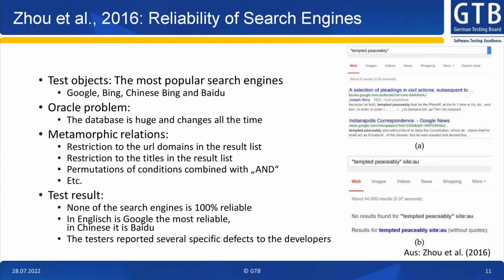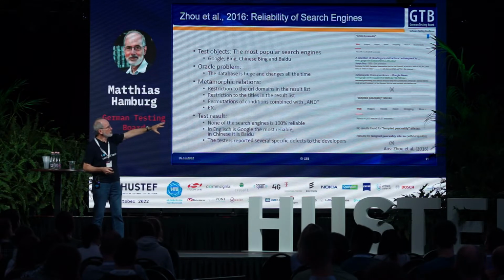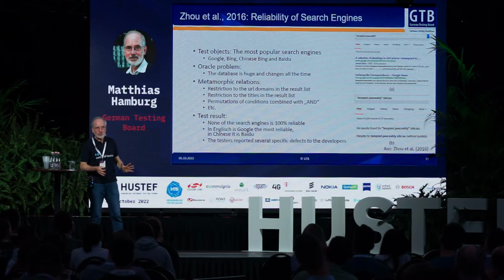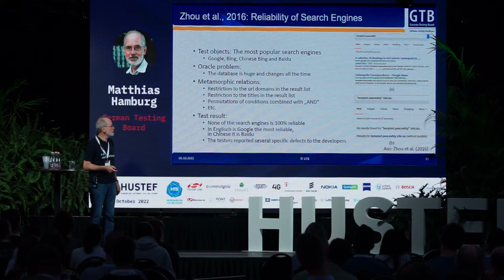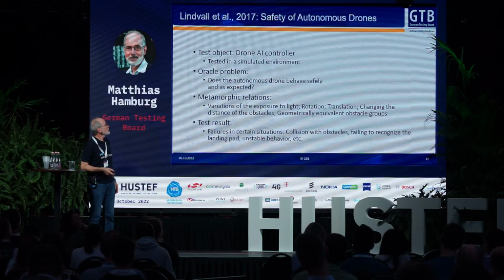Of course, as you would think, in English, Google is more reliable than Baidu, and in Chinese, Baidu is more reliable than Google. And you can find metamorphic relations like running a query, then filtering or restricting the query to some property of some top results, like the URL domain of the top result. So you get a top result from Australia, then you run the query just for Australian sites, and you find different results. So this was another success story.